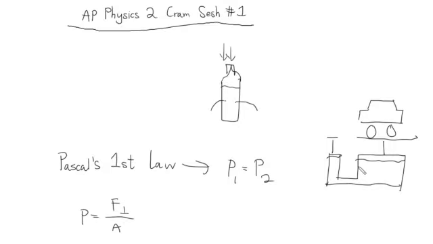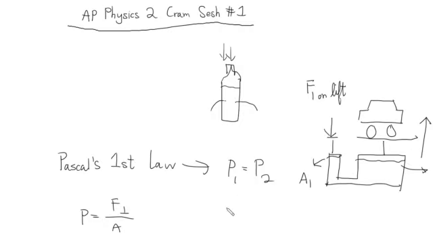So let's call the force we're exerting here F1 on lift, and let's call this cross-sectional area A1. And let's call the force that pushes this car up F2 on lift, and this has cross-sectional area A2.